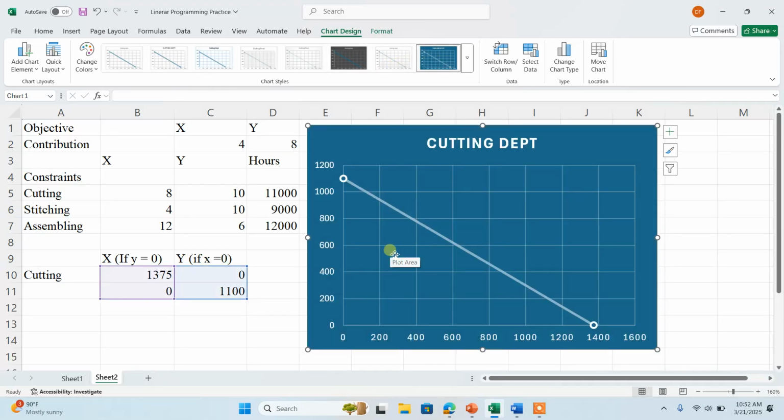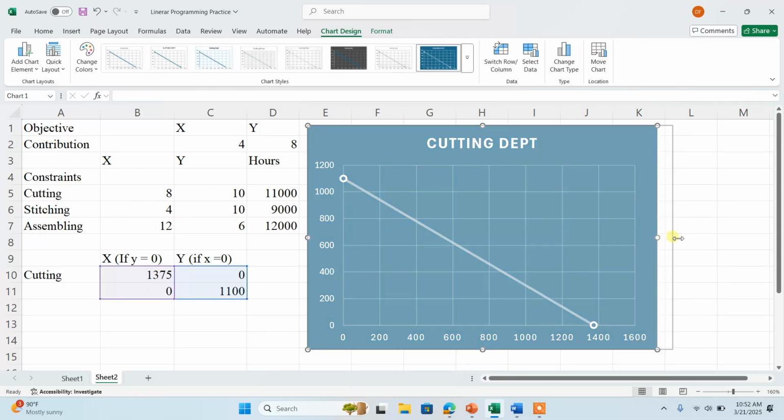And now you can see that in cutting department, if I want to produce 0 of the x, how much y can I produce? It's 1,100. Similarly, if I'm producing 0 units of the y, maximum x I can produce is 1,375. So this is my constraint.